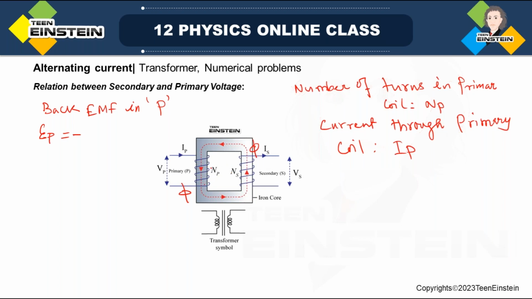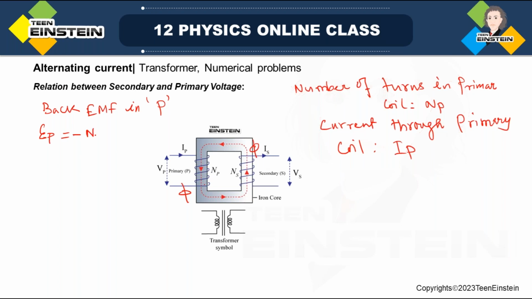So there are NP number of turns in the primary. This flux is linked with each turn, not each coil, each turn.